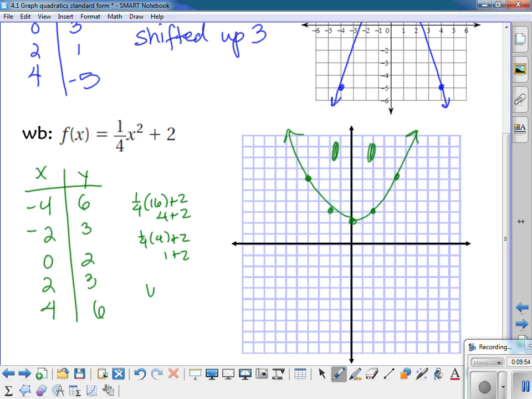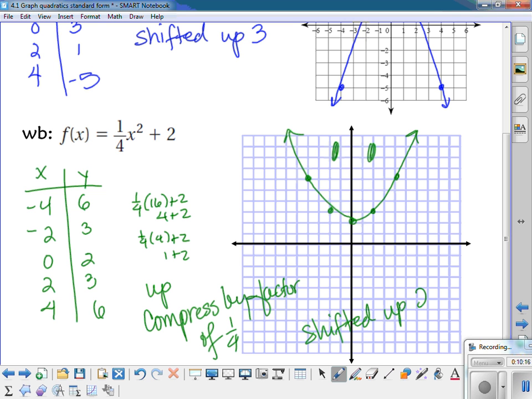So it's going up, so it's the same as far as that goes. Is it compressed or stretched? Compressed. By a factor of? Yes, by a factor of 1/4. And is it shifted? Shifted up 2, right? Okay.